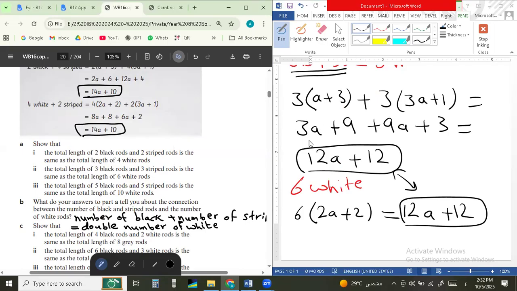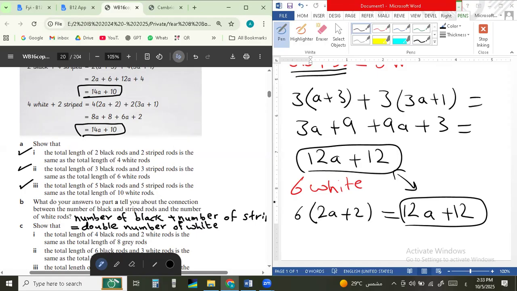And then we see the final expression. Then you do the same thing exactly in 10 white rods, and you see it. You're going to find out that they are both the same exactly, just exactly like what we've done in I and in II. If you understand them, then definitely you know how to do triple I.